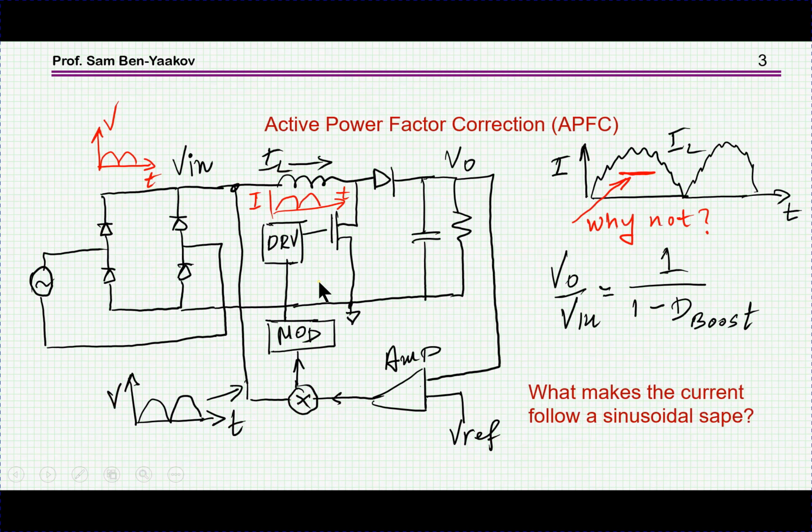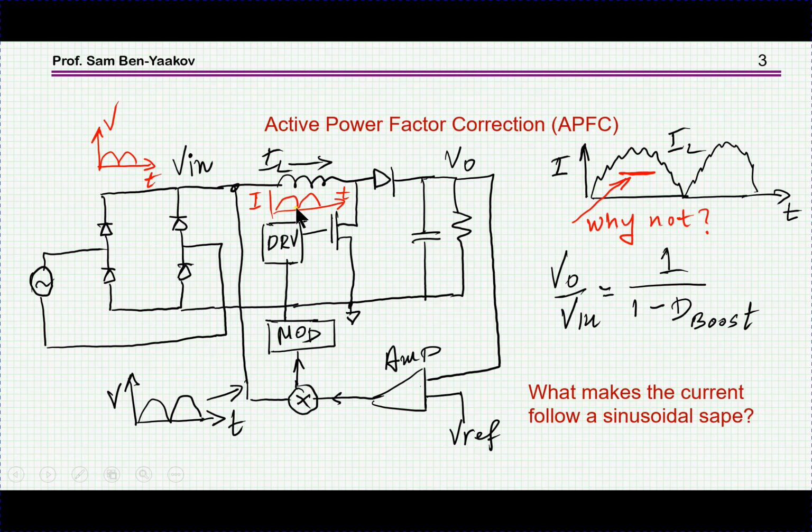And you can have it in many cases. For example, here, this is a power factor correction. We know that we have actually a boost converter, but we change the current such that it'll have a rectified sinusoidal shape, so that at the input we'll have a sinusoidal waveform of the current.